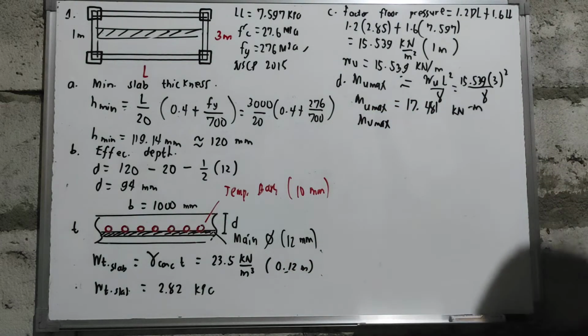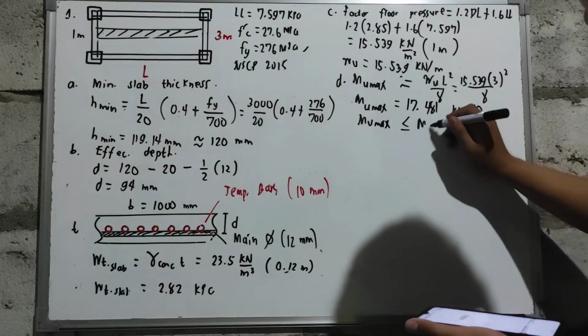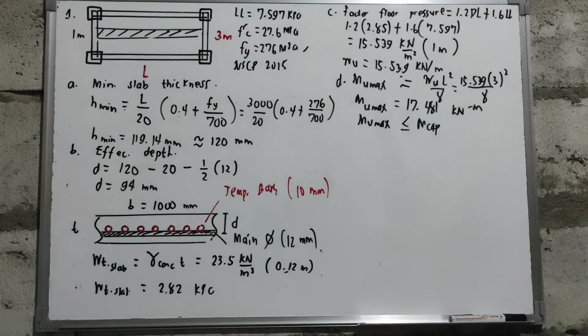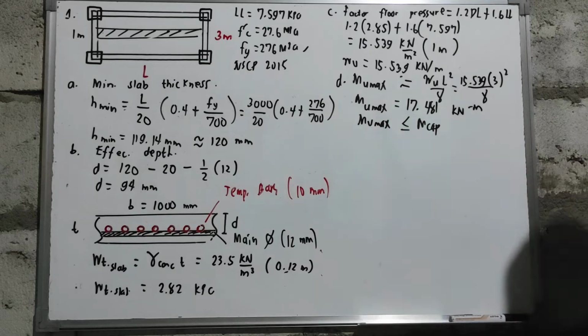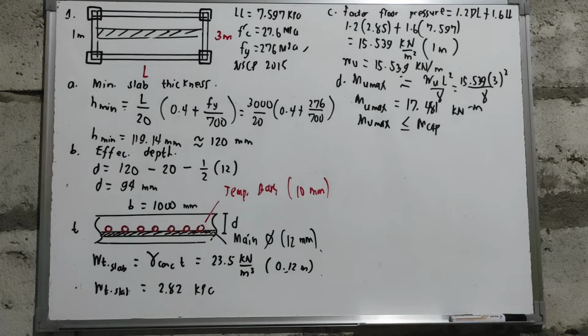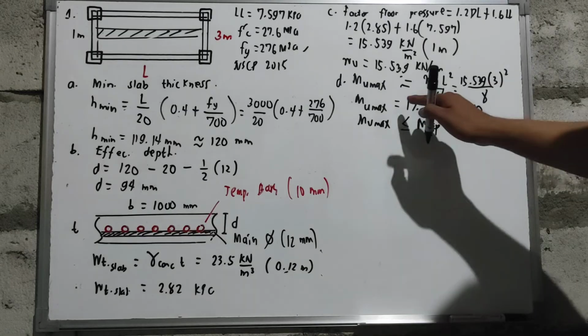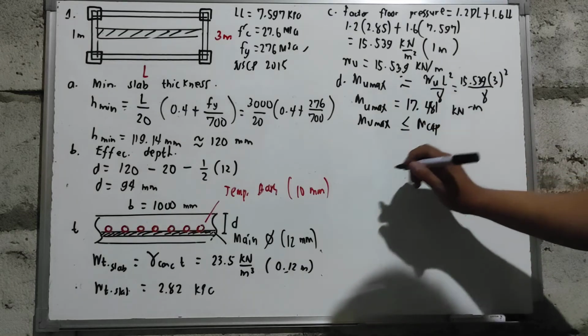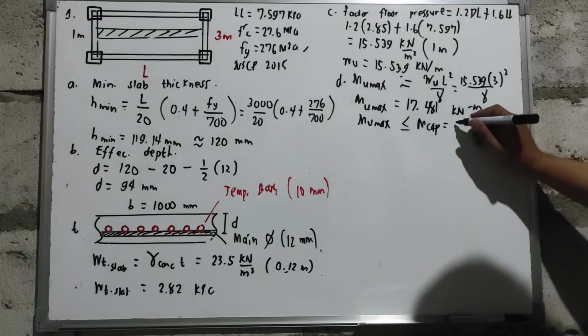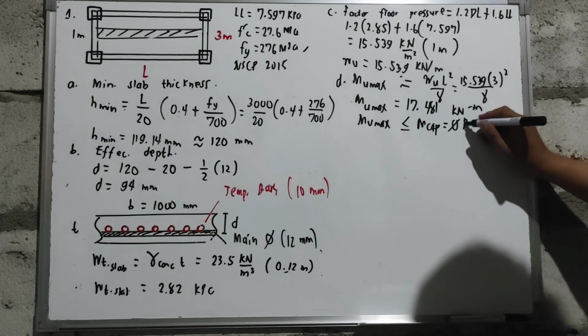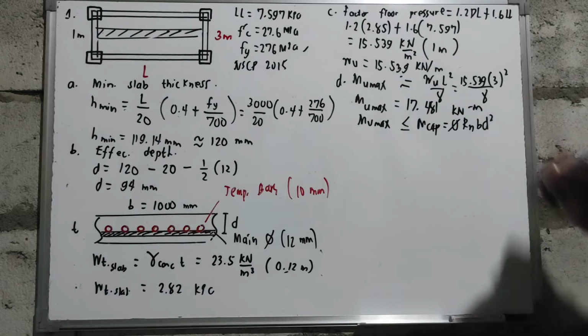So after natin ma-compute yan, yung gagawin natin is yung MU max natin, diba? That must be less than or equal to the M capacity. So pag-equate natin yung dalawa para makuha natin yung value ng rho natin o yung actual steel ratio. So yung M capacity natin, that is equal to reduction factor, nominal resistance Rn BD squared.